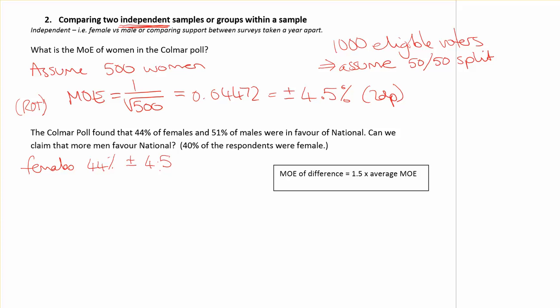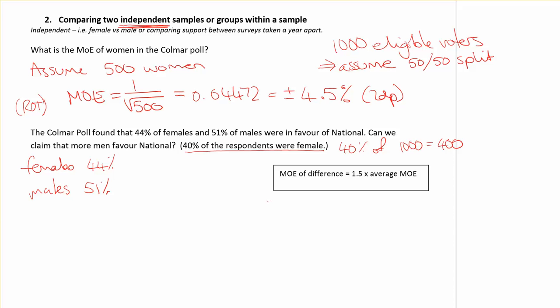Oh, actually, let's take that a bit slower. The males, 51%. Now notice it says 40% of the respondents were female, so 40% of 1,000 is 400.